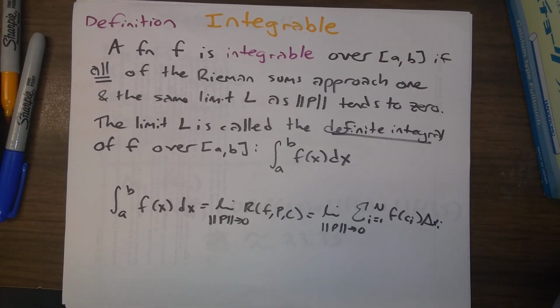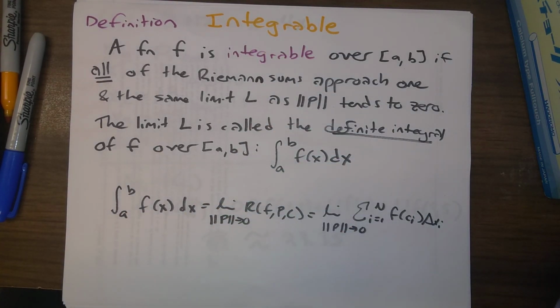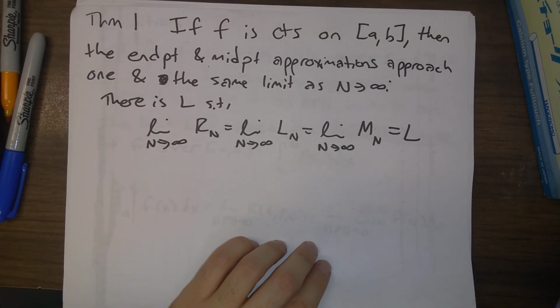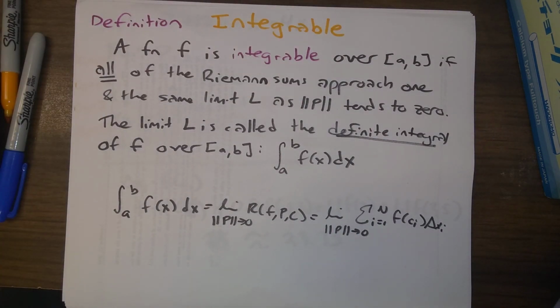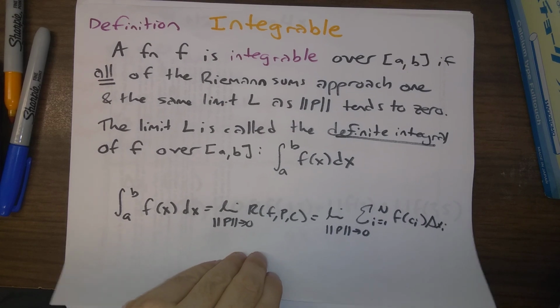This is saying that for Riemann sums, the endpoint and the midpoint approximations are special cases of Riemann sums, but every single Riemann sum goes to the same limit no matter how we chop up the intervals. So that's our definition of the integral of f of x dx, and this is me writing it out in notation. It just expresses what's going on. This is our definition of the definite integral.